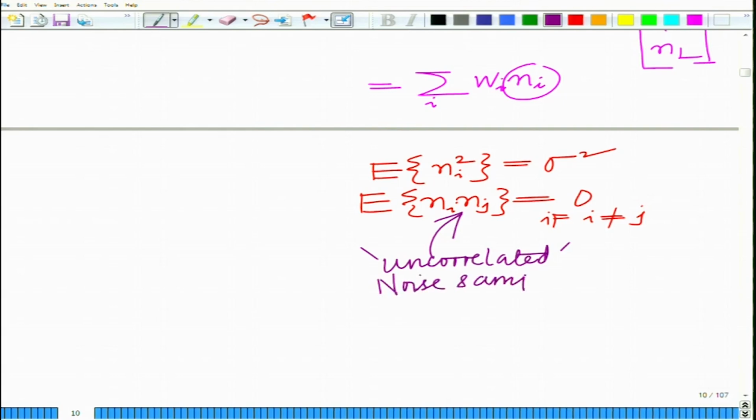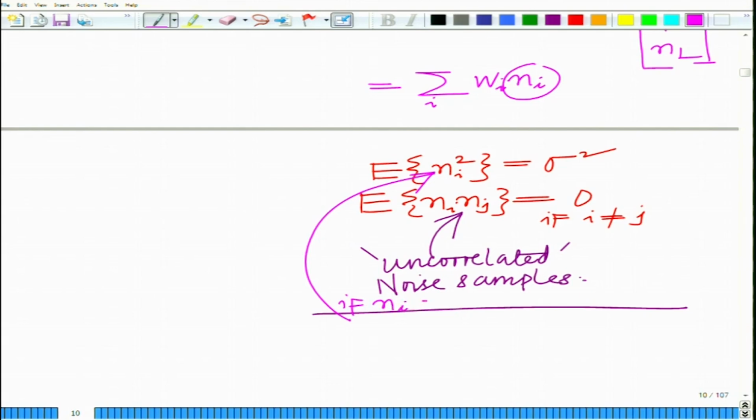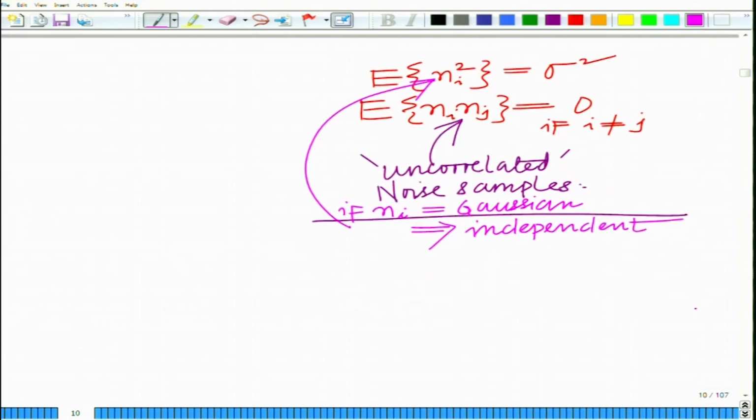Uncorrelated noise samples. In addition, if the Ni are Gaussian, then uncorrelated implies that they are also independent. However, this does not hold for non-Gaussian noise samples. Typically, the noise samples are assumed to be additive white Gaussian, which means that the noise samples at the different antennas are independent and identically distributed.